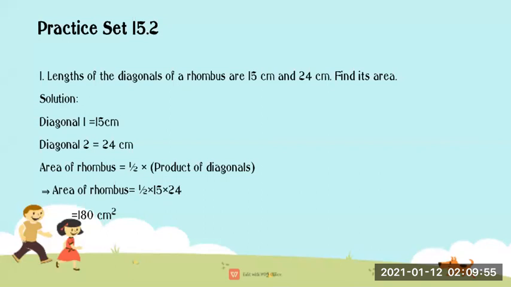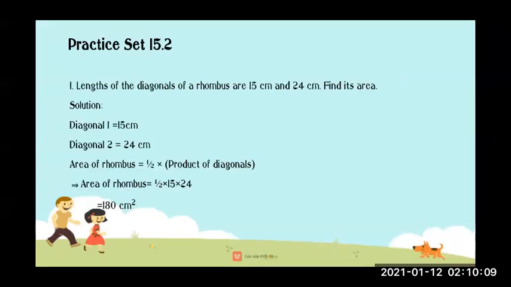Now area means you have to write the formula of the area of a rhombus. Now the area of a rhombus is equal to half into the product of its diagonals. So the first step will be whatever is given in the question, you have to write down. Here diagonal 1 is 15 centimeter. Diagonal 2 is 24 centimeter.